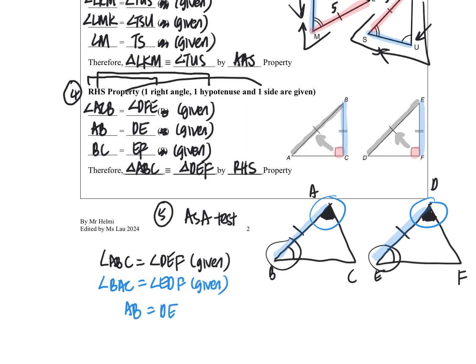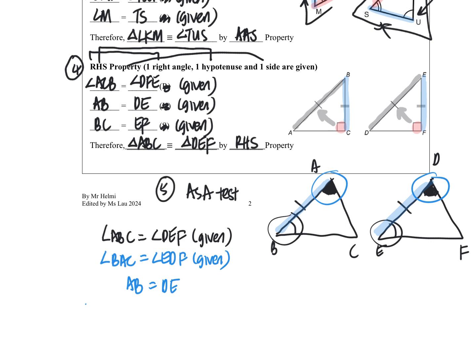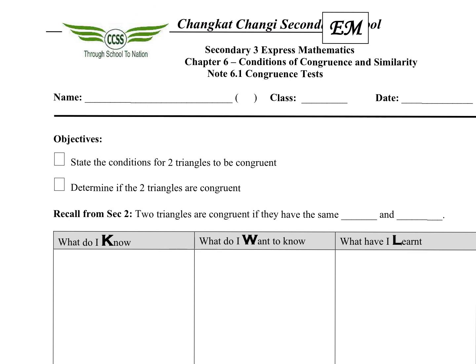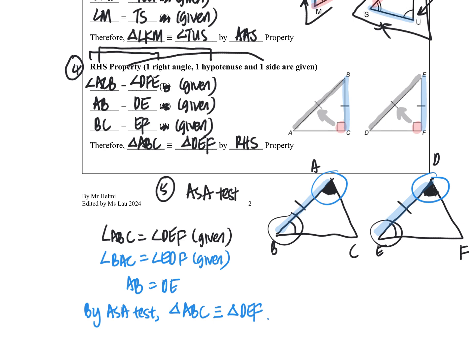So the moment you can show me this, then you conclude by ASA test. Then you say triangle ABC is congruent to triangle DEF. That's 2 marks. Okay? So it's to prove that two triangles are congruent. Okay, we will try out an example. Okay, they miss out the fifth one. But let's write that down.